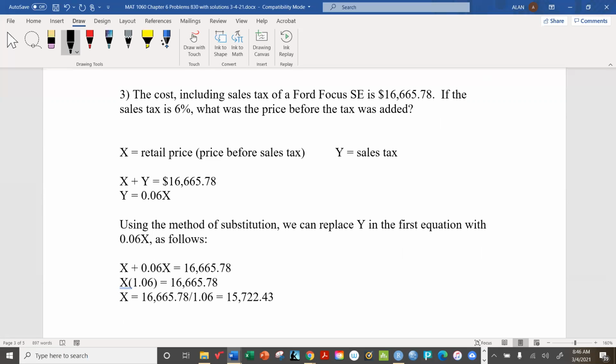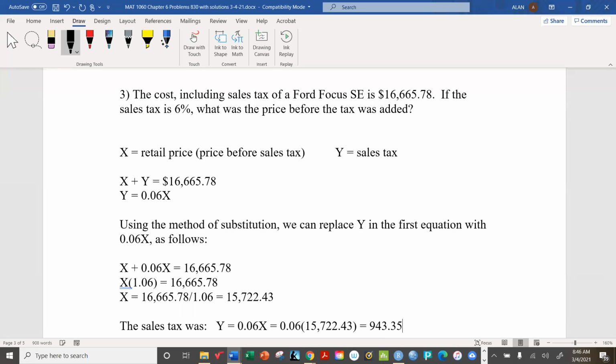Now, it doesn't specifically ask for this, but we can also figure out what the sales tax was. You don't need to do this, but I wanted you to see how this works. So we multiply that by 0.06, and that means the sales tax was 943 approximately.